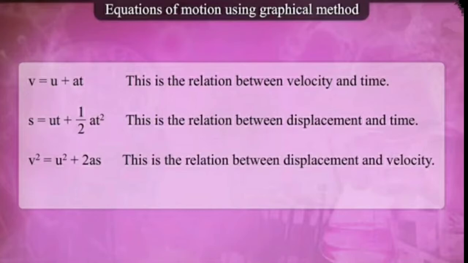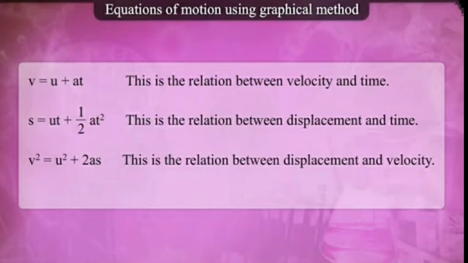The second equation, s is equal to ut plus 1 upon 2 at square. This equation is the relation between displacement and time. And the third equation, v square is equal to u square plus 2as. This equation is the relation between displacement and velocity.